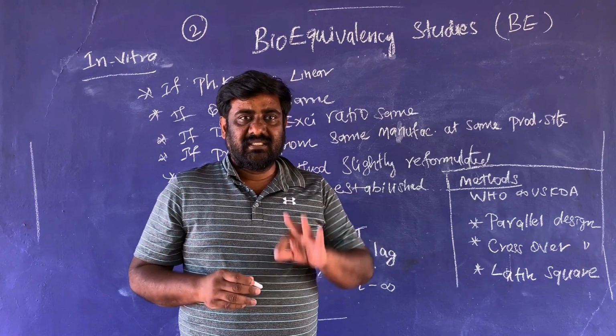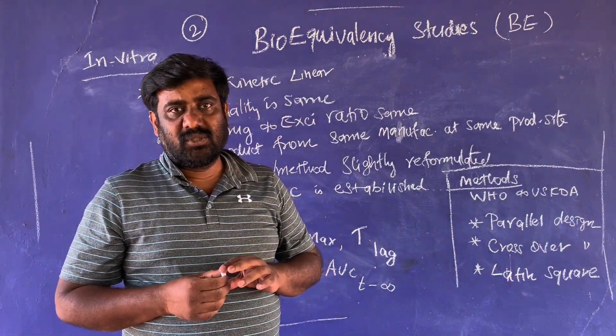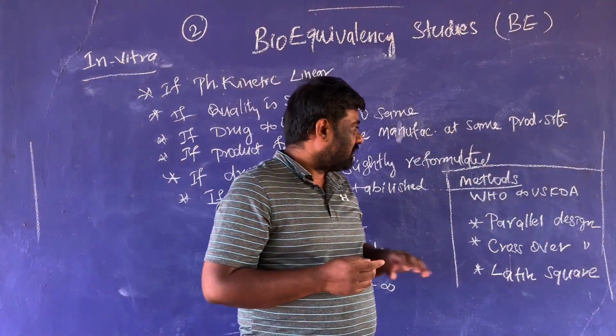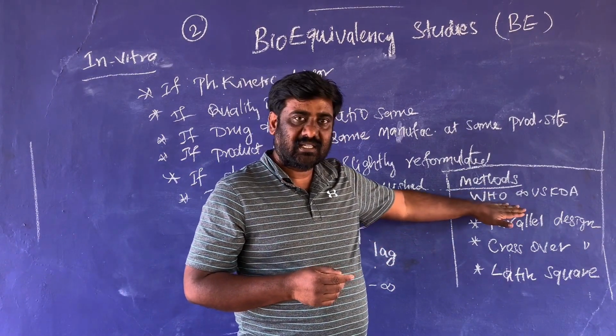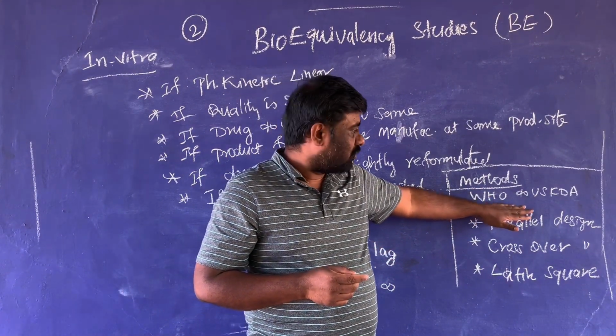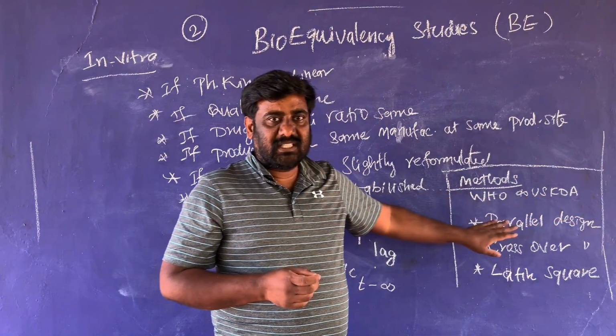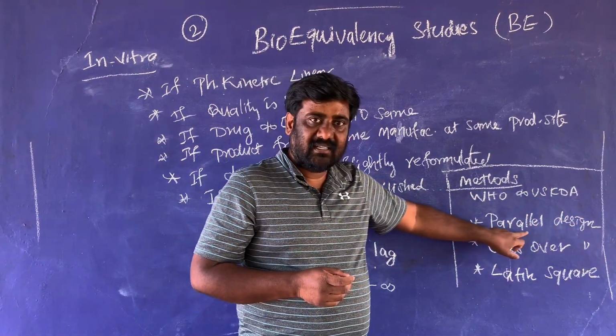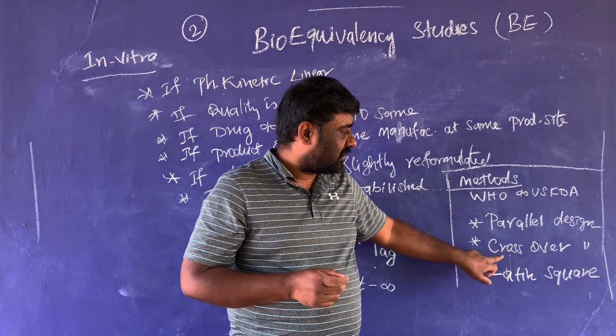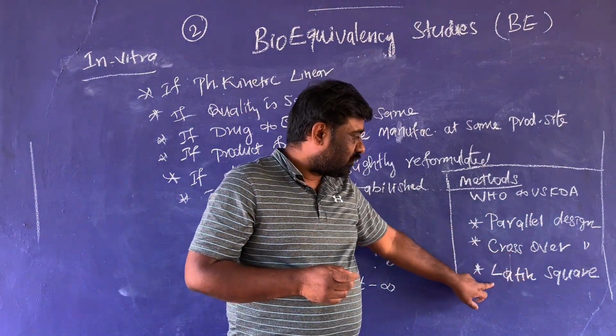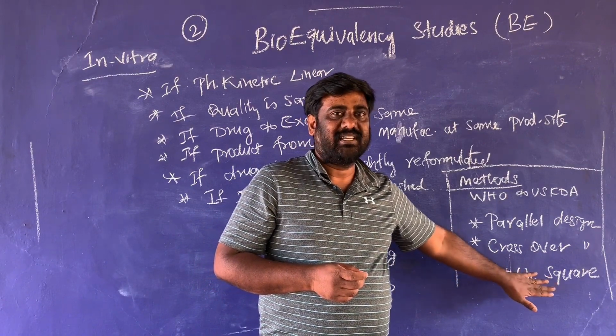Generally there are three methods available to check the bioequivalency. These methods are recommended by WHO and US FDA. So what are the three methods? The first is parallel design, the second is crossover design, and the third one is Latin square design.